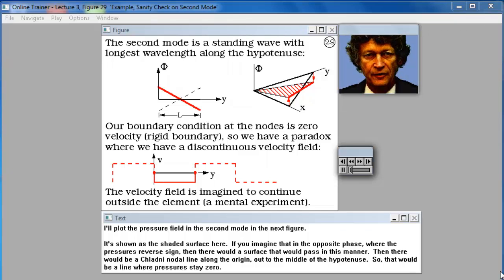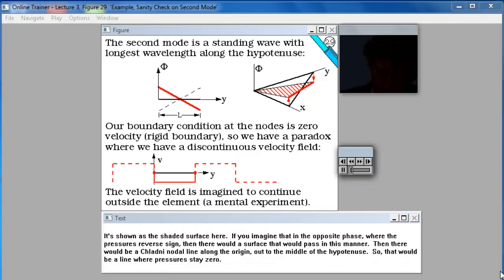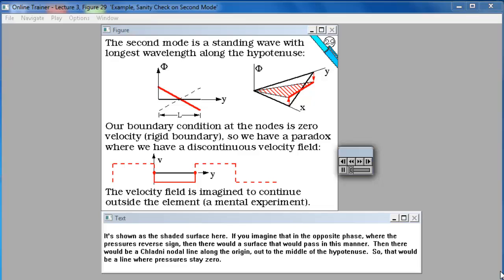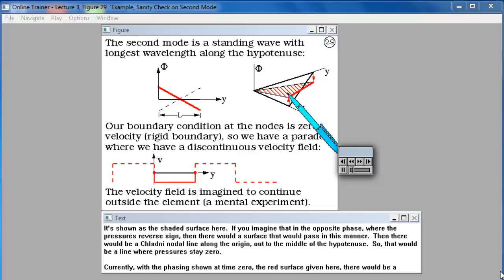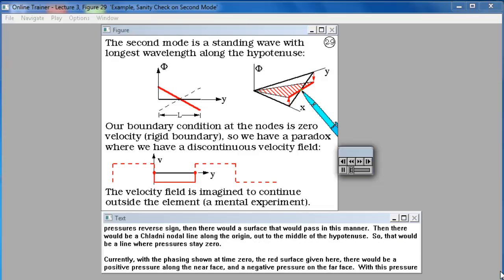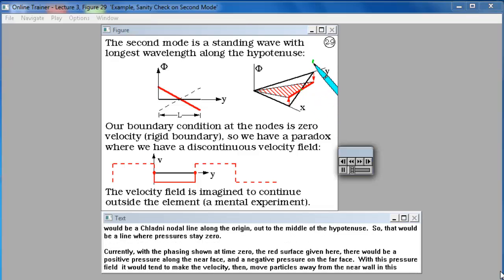I'll plot the pressure field in the second mode in the next figure. It's shown as the shaded surface here. If you imagine that in the opposite phase, where the pressure is reverse sign, then there would be a surface that would pass in this manner.